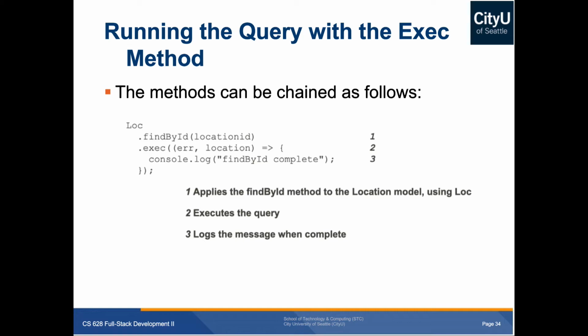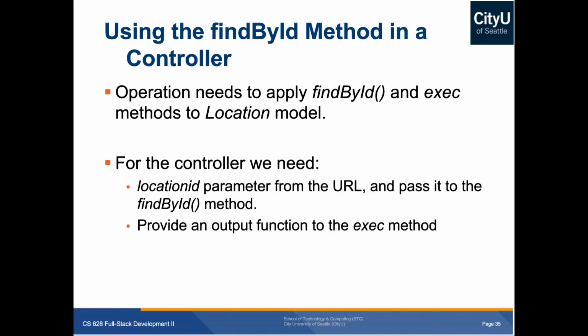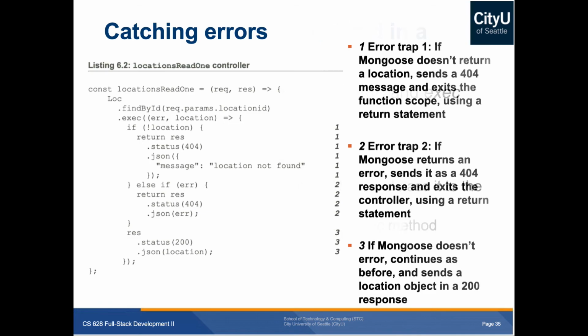Remember, you need this callback function. You can have any names here, but the first parameter would be the error object, and the second would be used for the data. We need the location ID. We already mentioned that.